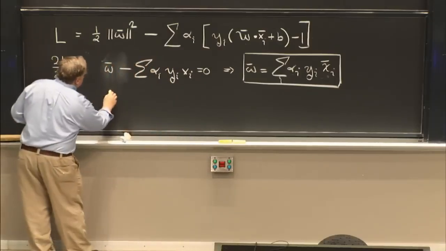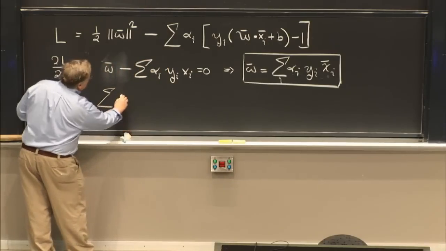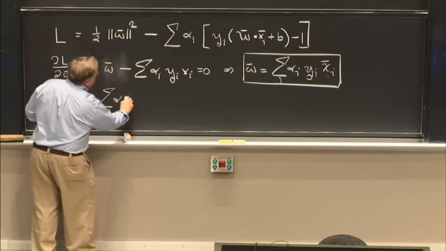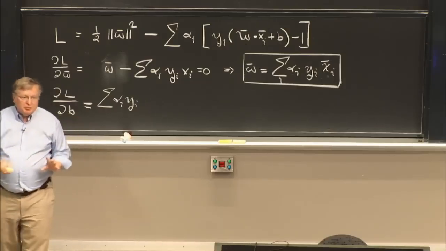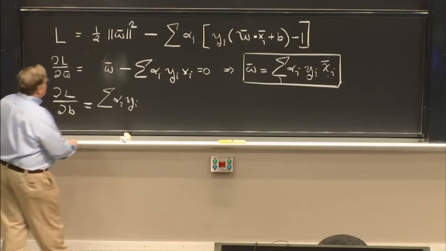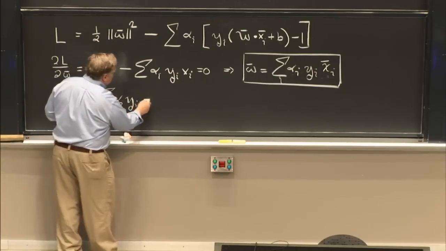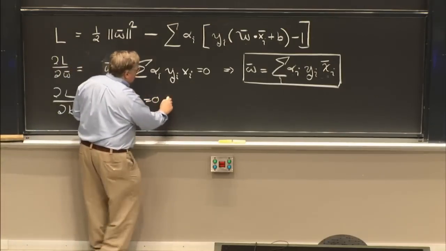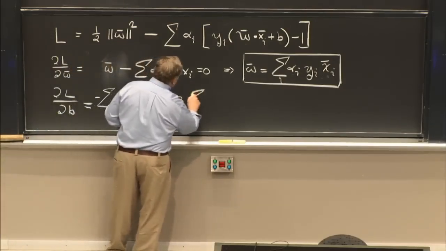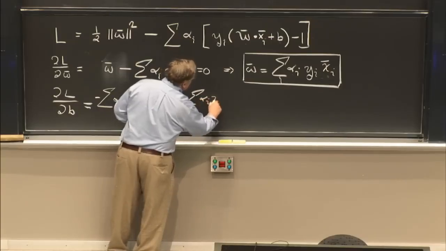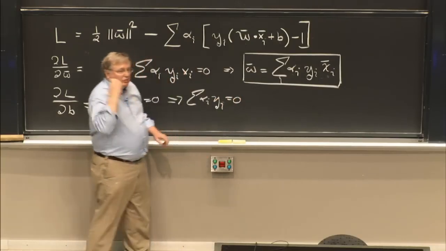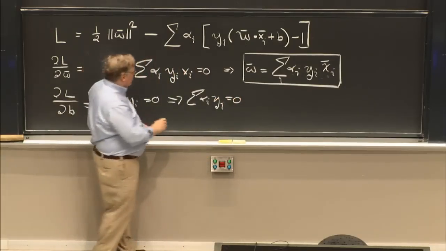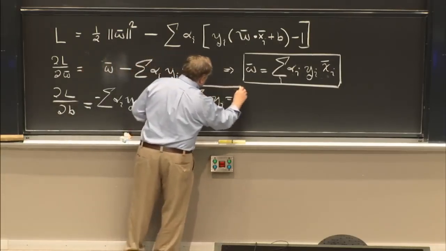So that's going to be the sum of alpha I times Y sub I. And then we're differentiating with respect to B, so that disappears. There's a minus sign here, and that's equal to 0. Or that implies that the sum of the alpha I times Y sub I is equal to 0. That looks like that might be helpful somewhere.